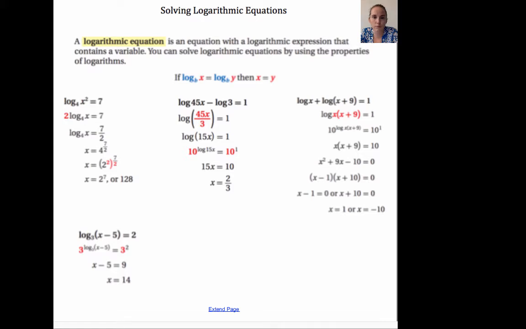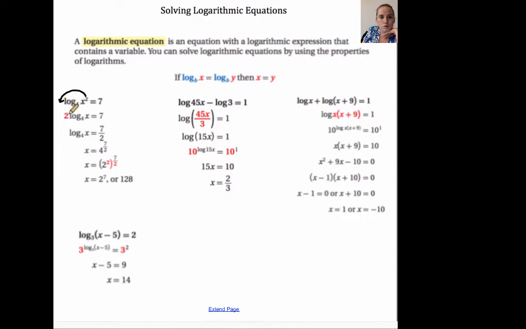All right, if we look at this first problem, you have log base 4 of x squared equals 7. Now the goal is to figure out what x is. A property that I know is to power down, or bring the 2 down in front.